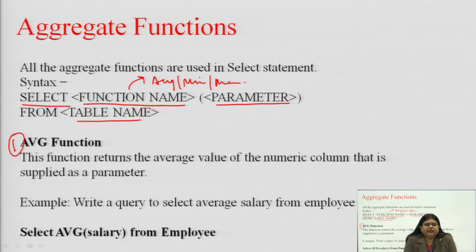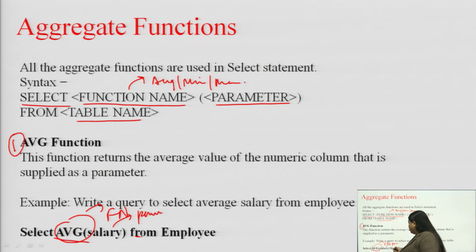So, we can apply the average. This is the function name, this is how we apply the average operation, right. Then salary is your parameter, and this is the table name.